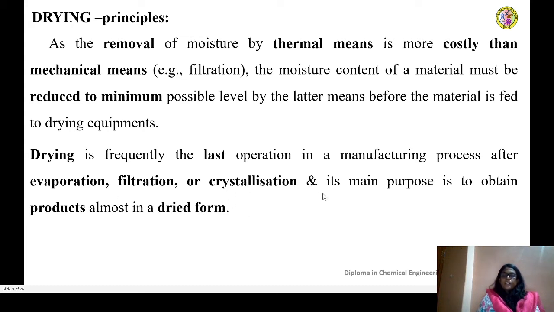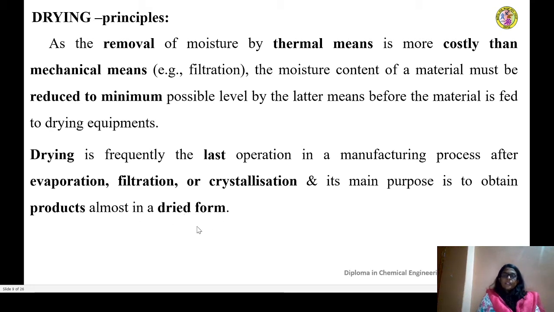And after that drying comes, and after drying is over, the material is ready for end use and it can be sent to the consumer from the industry. So the main purpose of drying operation is to obtain the products in a manufacturing process in almost a dried form. So that is the main reason.